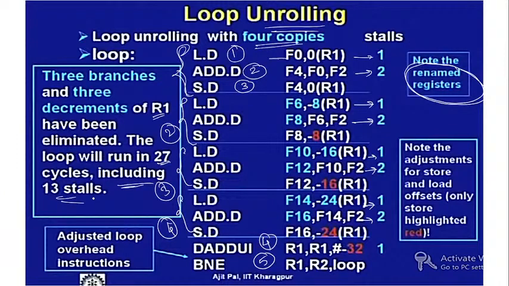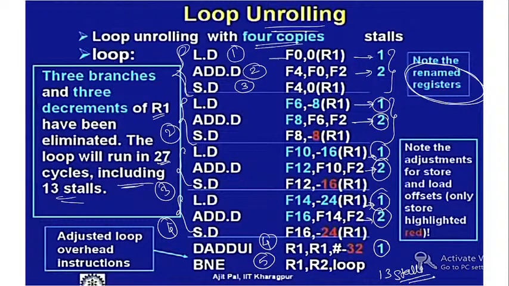The compiler is arranging in such a way that in the first copy there are 3 stalls, second 3 stalls. Here you can see the stalls: 3 into 4 is 12, plus 1, 13 stalls.